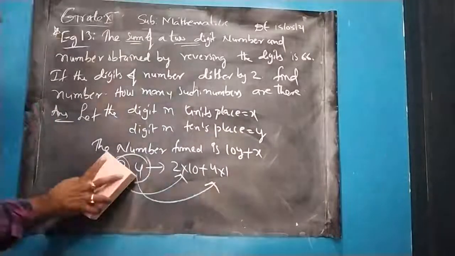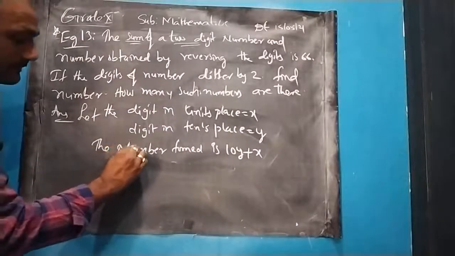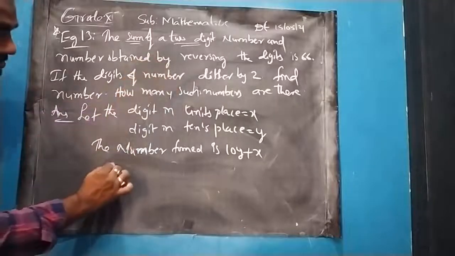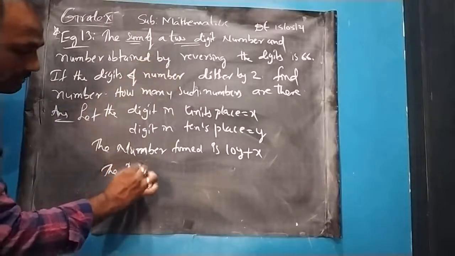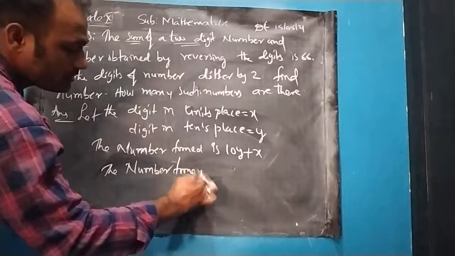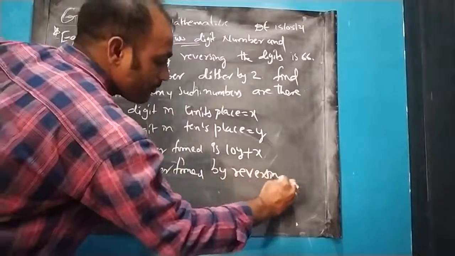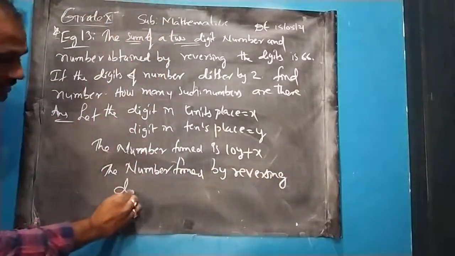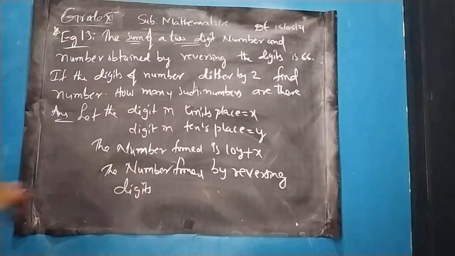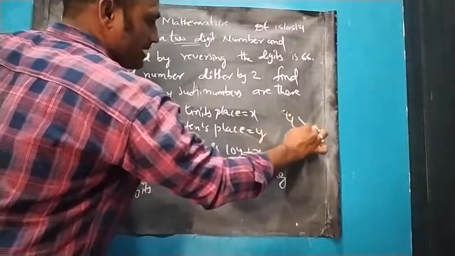Next. Now he is talking about the reverse number also. The number formed by reversing the digits. So let us see what is the actual scenario of reversing the digits. For example, 48 is the number.